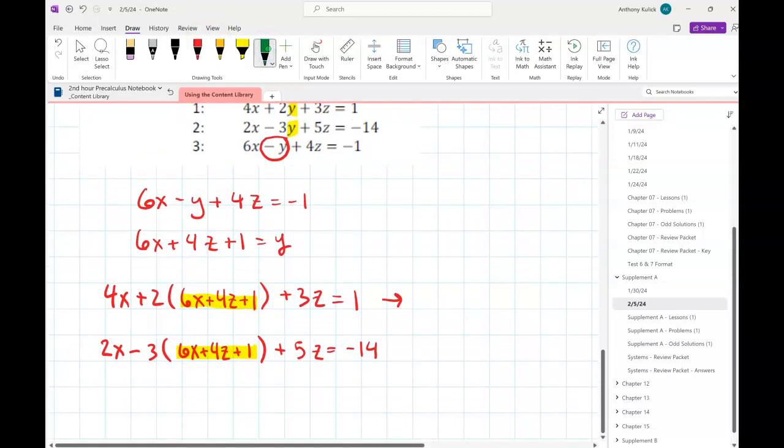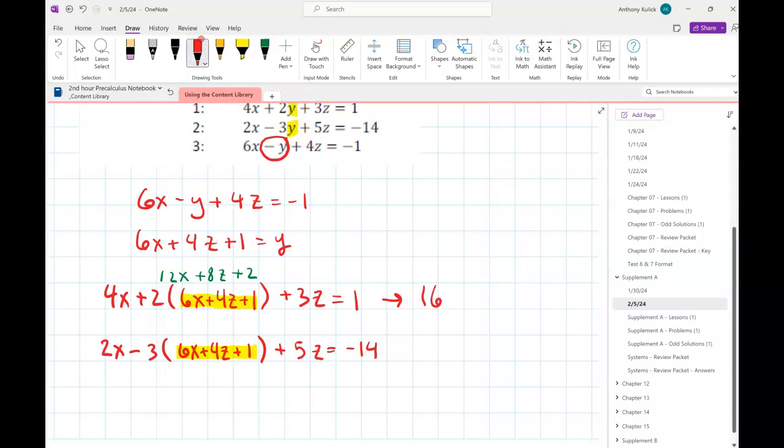Okay, so when I distribute that 2 through, I get that. And when I combine like terms, 4x and 12x is 16x. 8z and 3z is 11z. And I'll subtract that 2 over to the other side to get that.